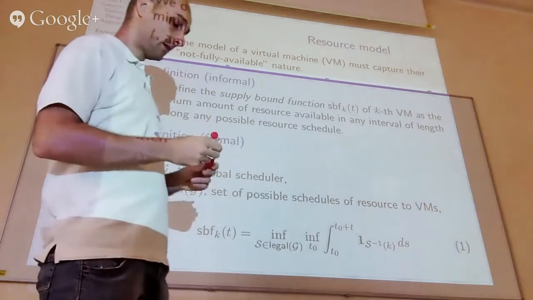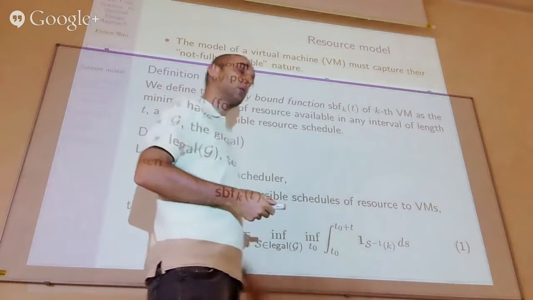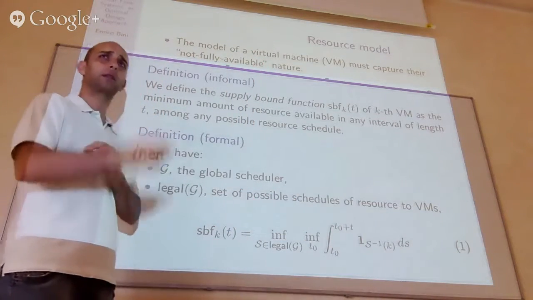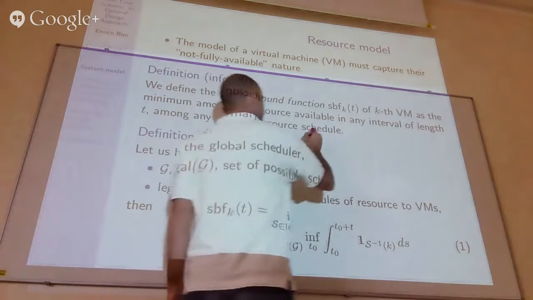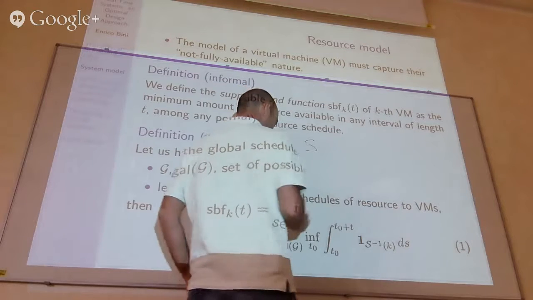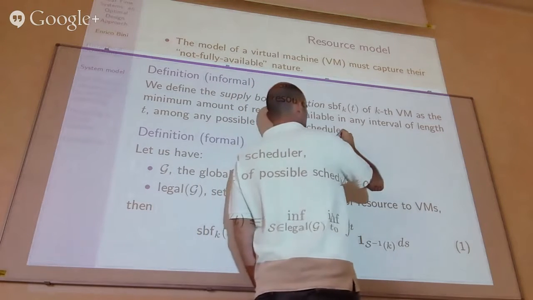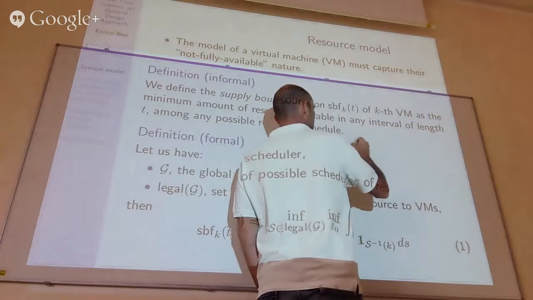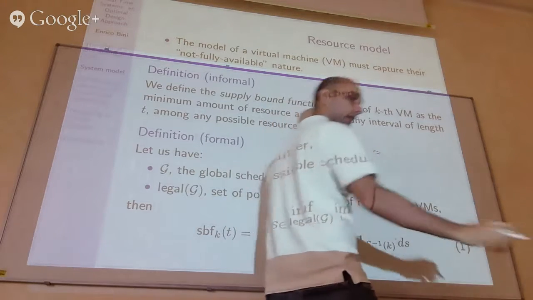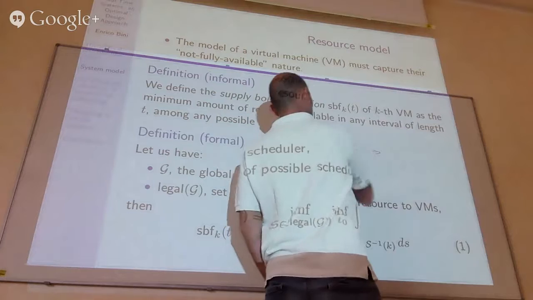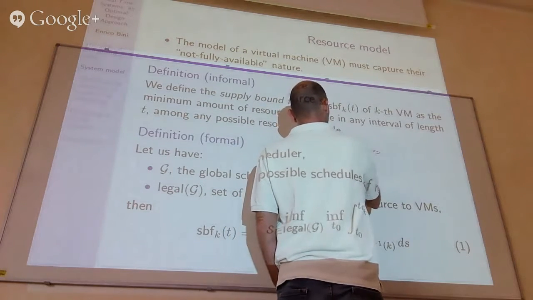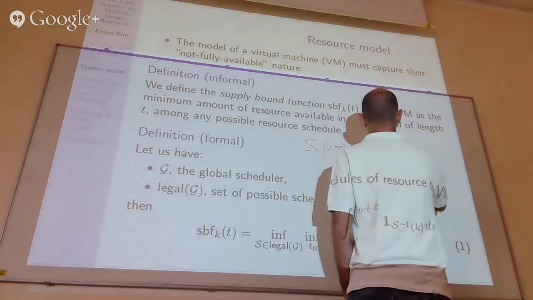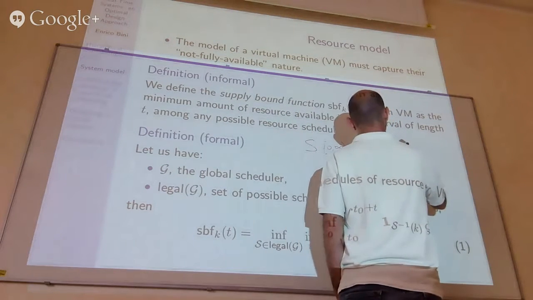S to the -1 is the inverse, because I defined in the first class, maybe you missed it, the schedule S. Now we have only one resource, so S is a function that goes from the time set, in this case the half line from 0 to infinity, to the set of virtual machines.